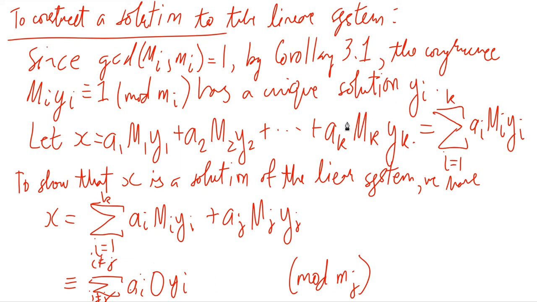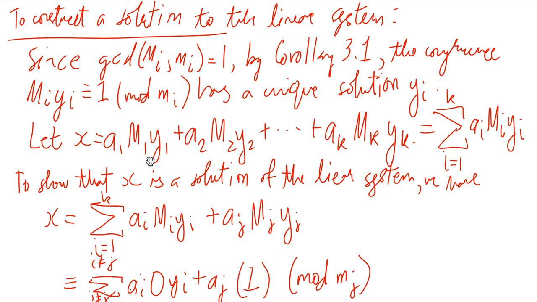And then from here we can see that big M sub I, y sub I is congruent to 1 mod M sub I. So if we put this in the environment of M sub j, big M sub j, y sub j is congruent to 1 mod M sub j. So this becomes plus a sub j, and this is just equal to 1.